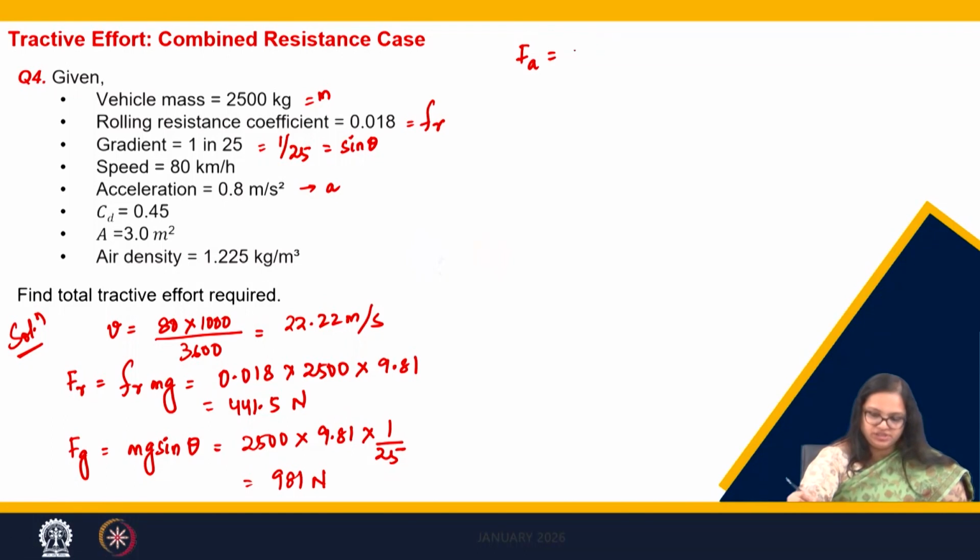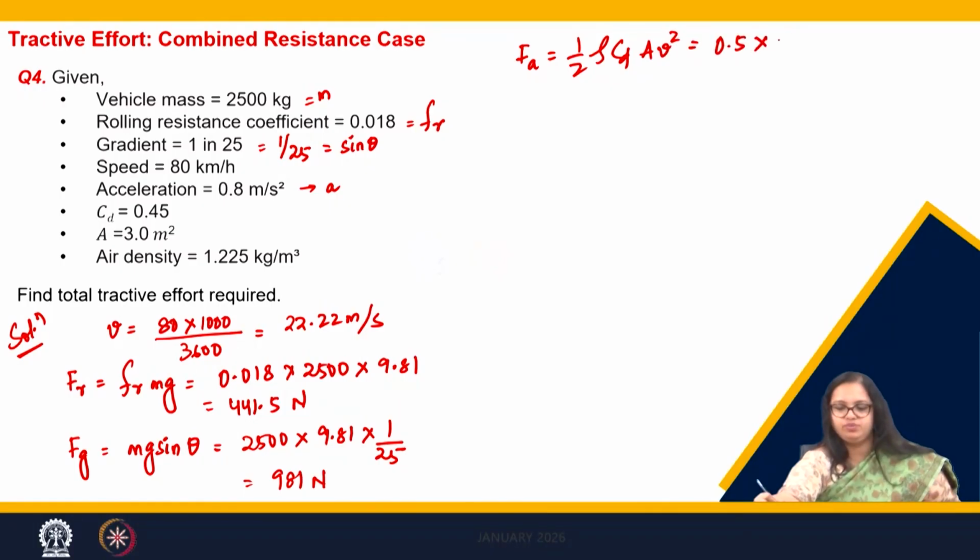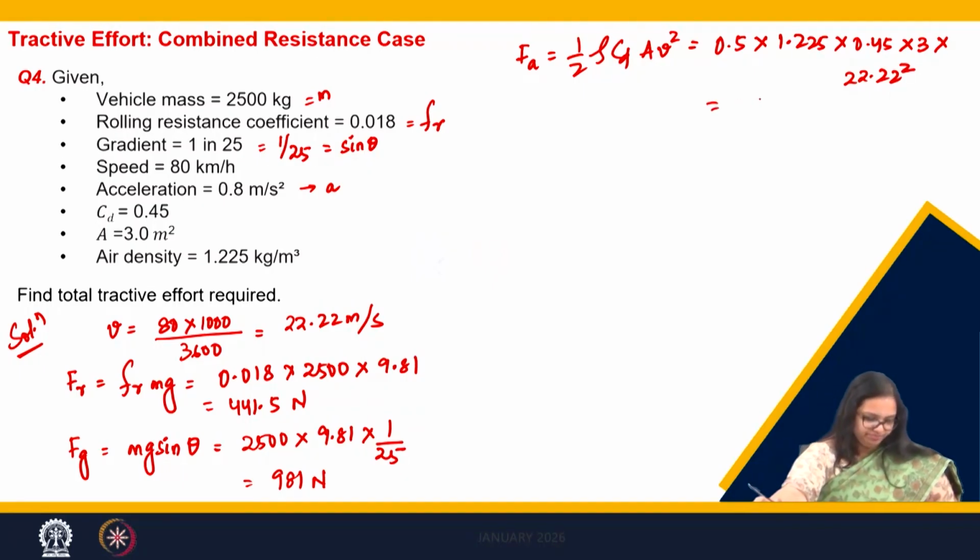Now, Fa is equal to half rho CD A V square, which is 0.5 into 1.225 into 0.45 into 3 multiplied by 22.22 square, which is equal to 408.7 Newton.